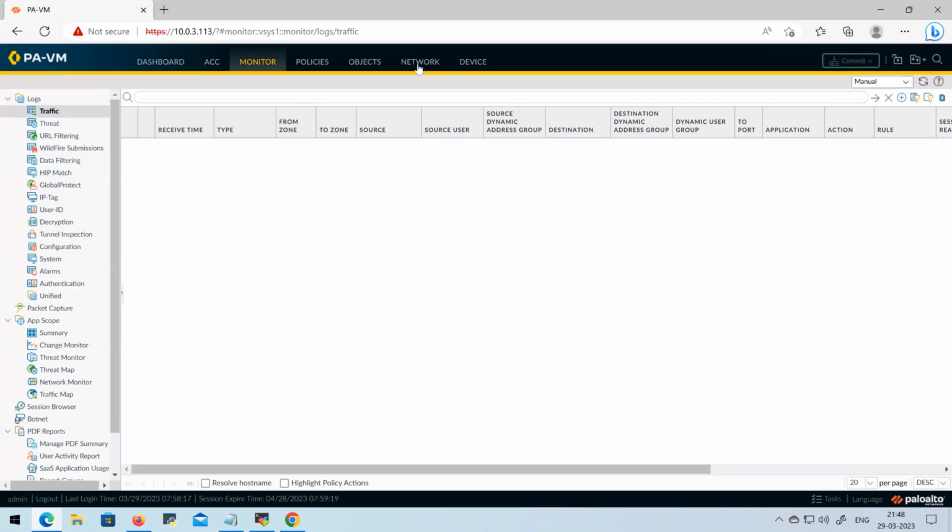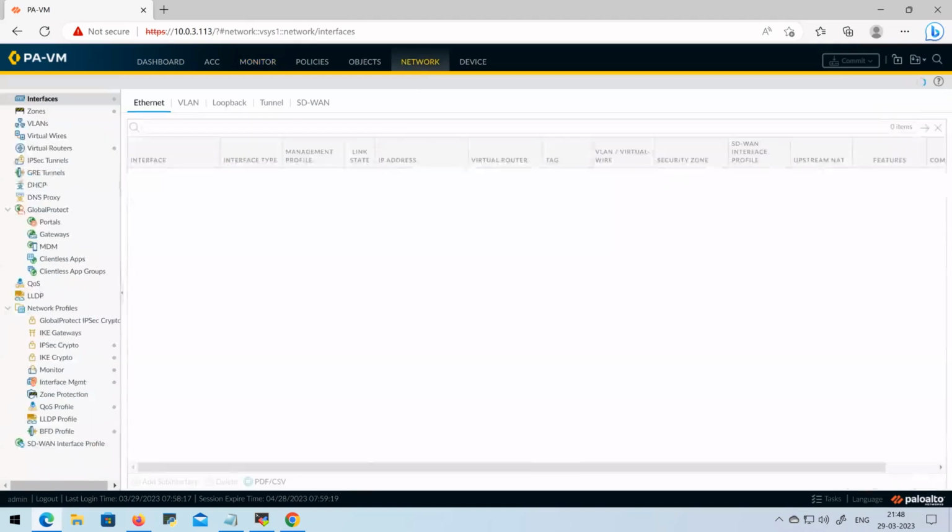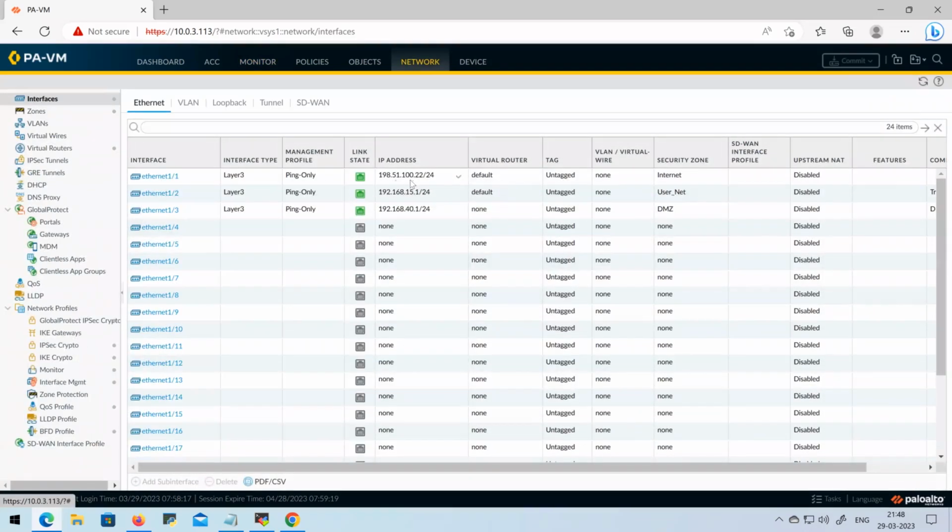See, if we go to network interface, this is the IP on which I'm pinging. So it is directly connected, so routing won't come into the picture. The moment it reaches, it gets translated, right?